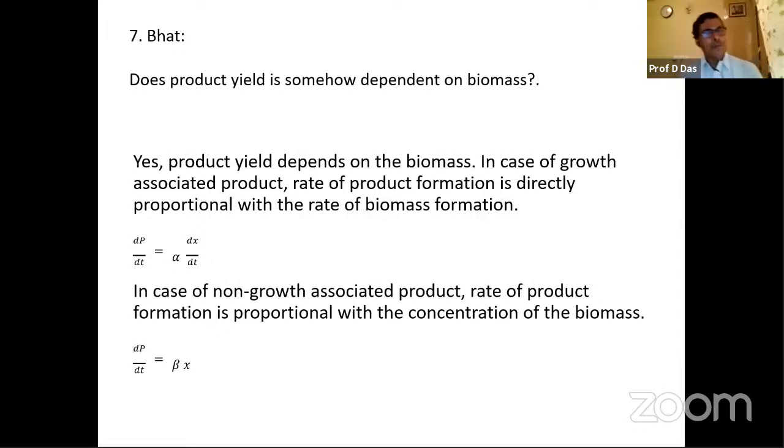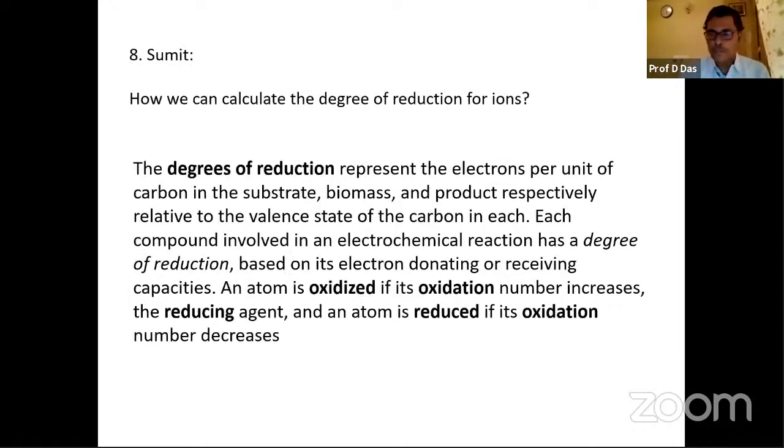So that also depends on concentration, but that is the concentration of the cell mass. So in growth associated product formation, the rate of product formation depends on the rate of cell mass formation. But in non-growth associated product formation, which usually takes place at the stationary phase, it is proportional to the cell mass concentration. I hope you understand that.